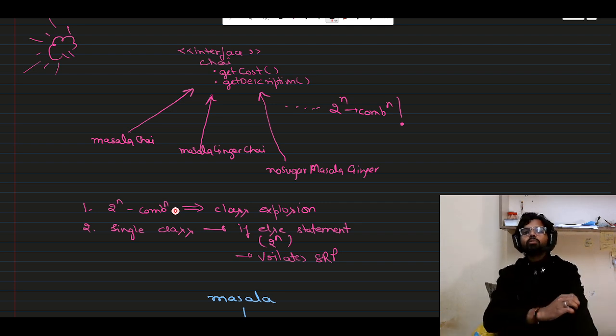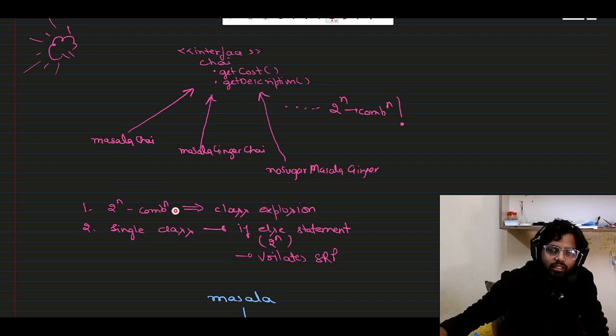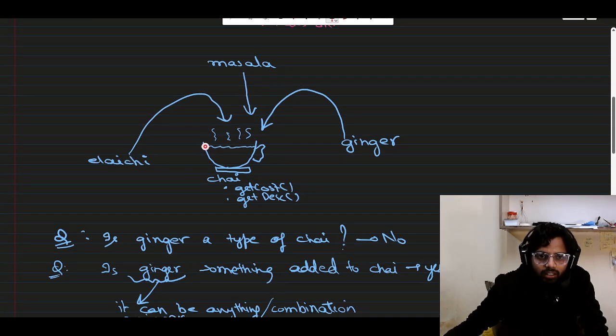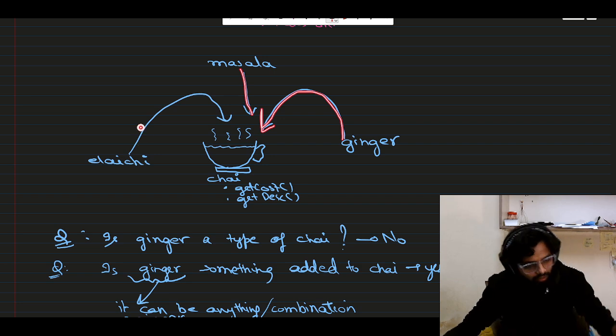Before moving on to the solution, let's first understand what these ingredients are. So, basically, this is a chai, and in this chai, I am adding ginger, masala, and elaichi.